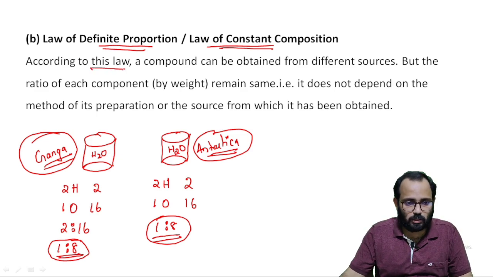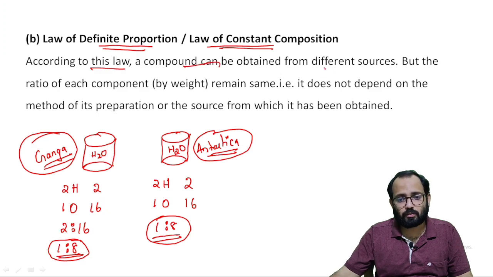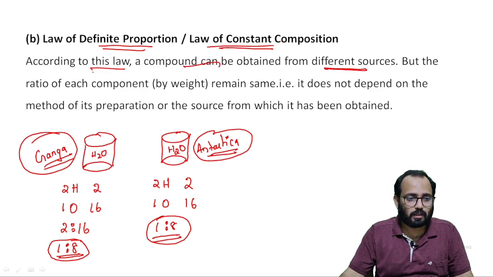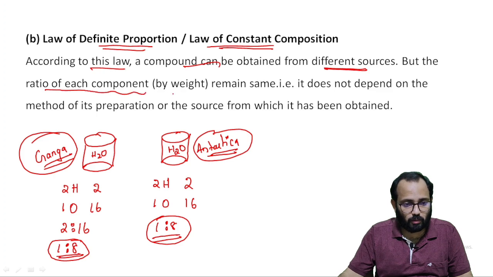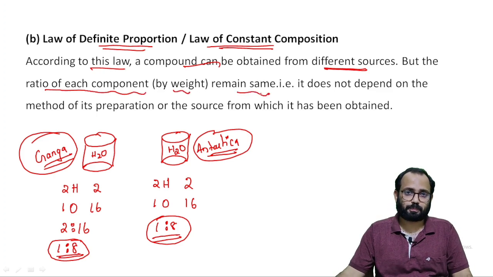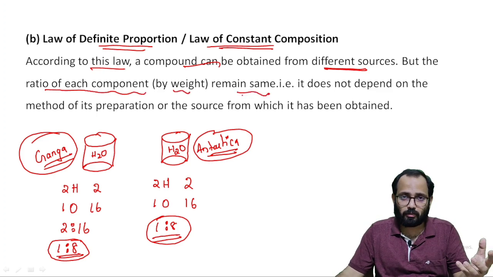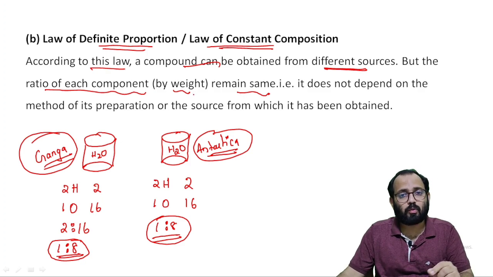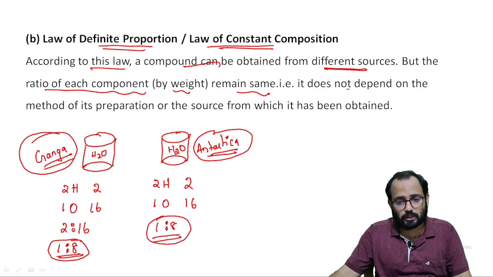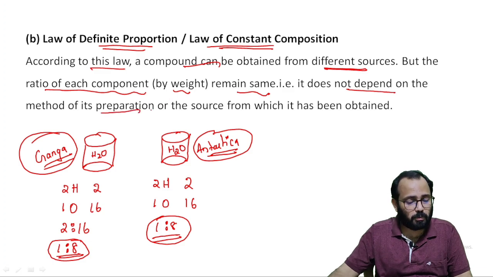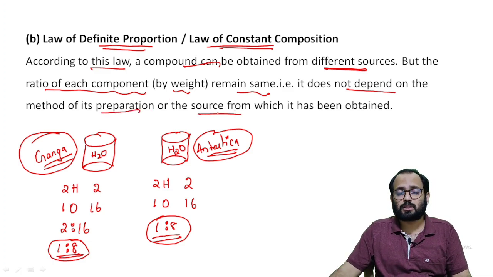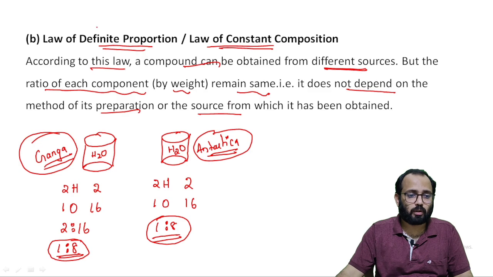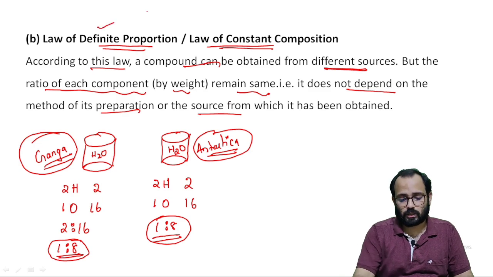So according to this law, a compound can be obtained from different sources, but the ratio of each component by weight remains the same. It does not depend upon the method of its preparation or the source from which it is obtained. This is what we call the law of definite proportion.